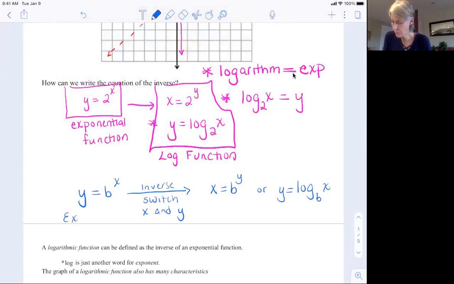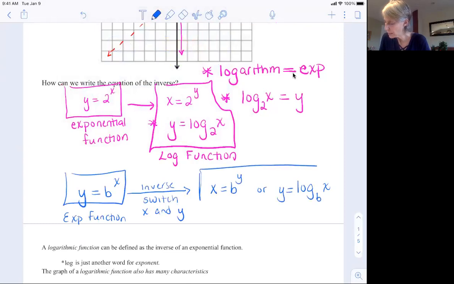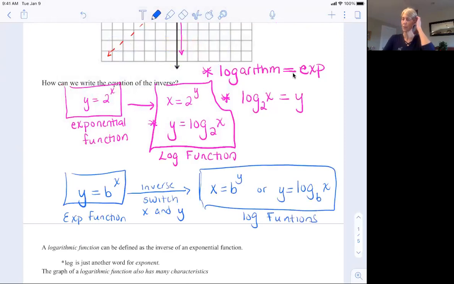Again, this is an exponential function. Okay, so over here, I'm in exponential land. And each of these are log functions. These two are equivalent forms. Okay, so they both mean the same thing.